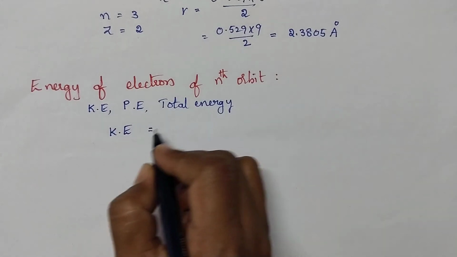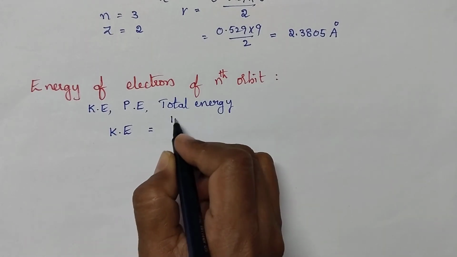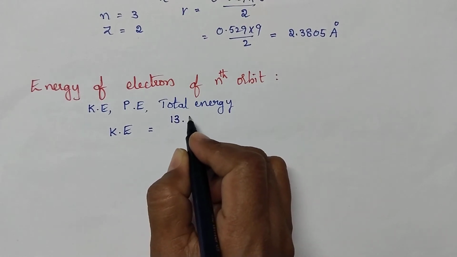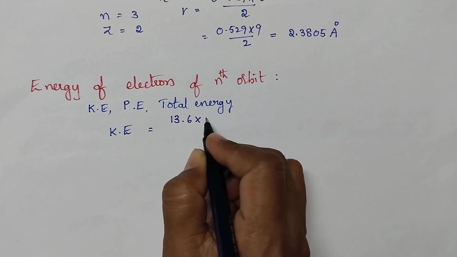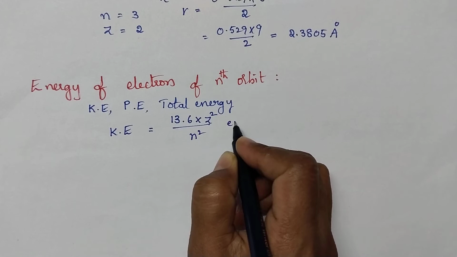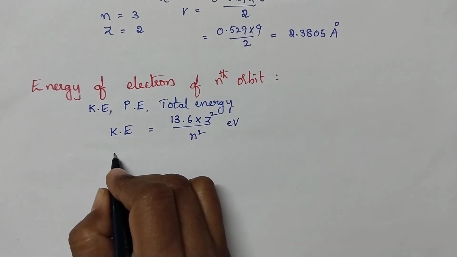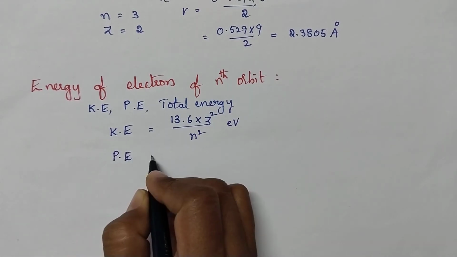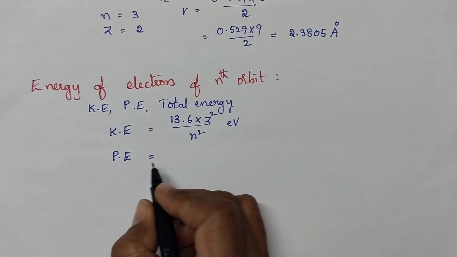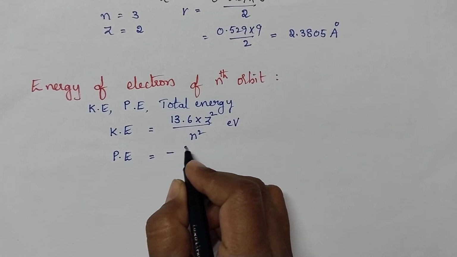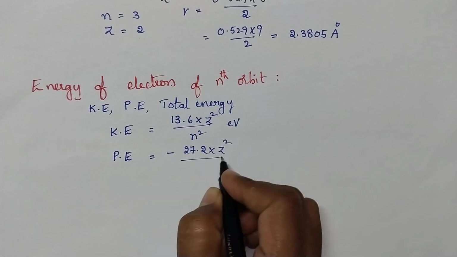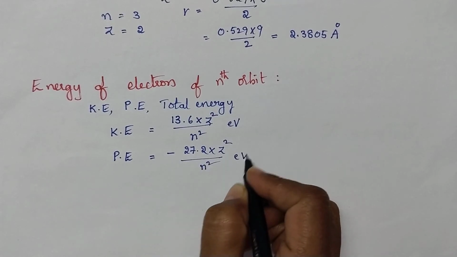Coming to the kinetic energy, it can be calculated by using the expression kinetic energy is equal to 13.6 into Z square by N square, and the unit is electron volts. Coming to the potential energy, that can be calculated by using the expression potential energy is equal to minus 27.2 into Z square by N square electron volts.